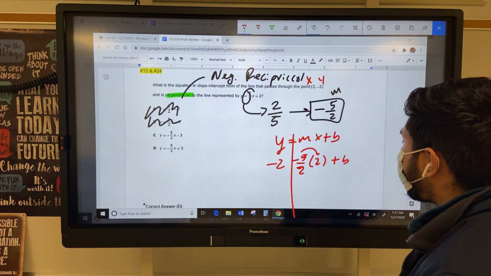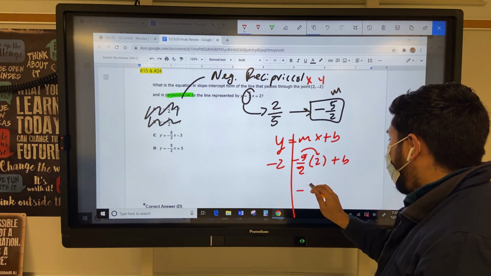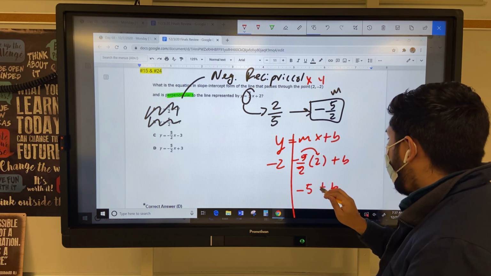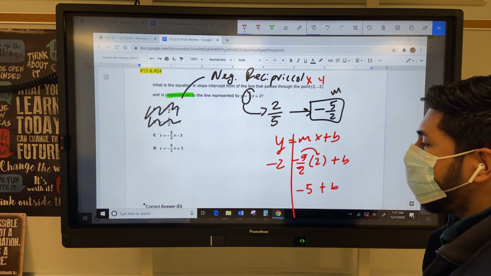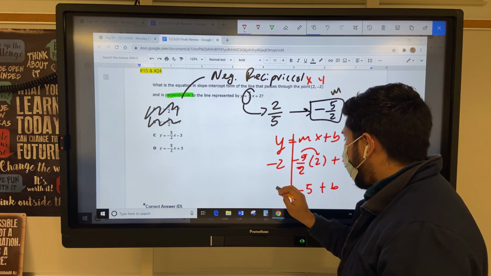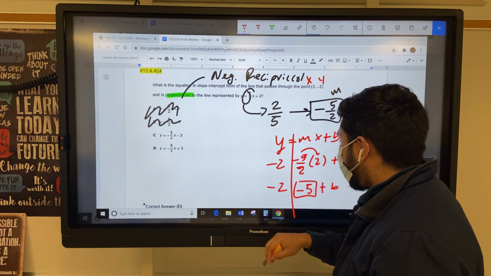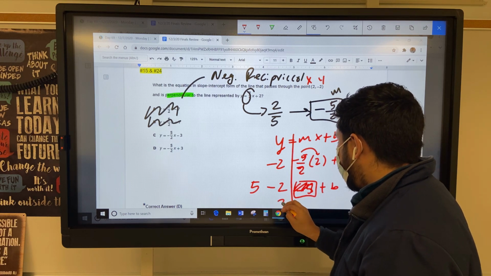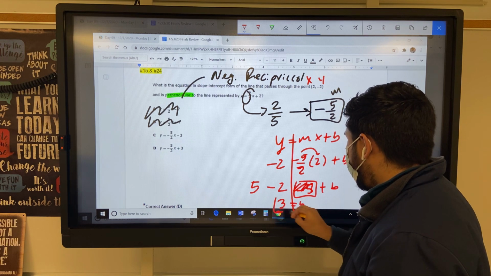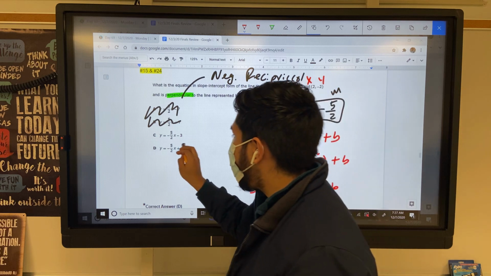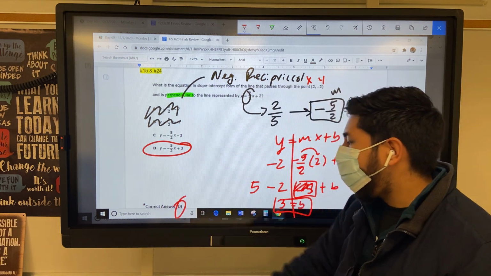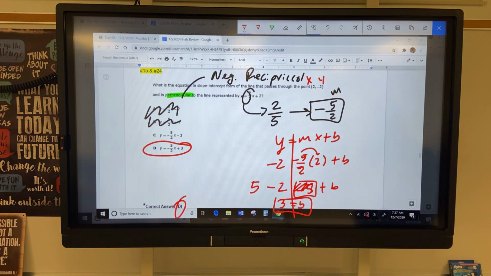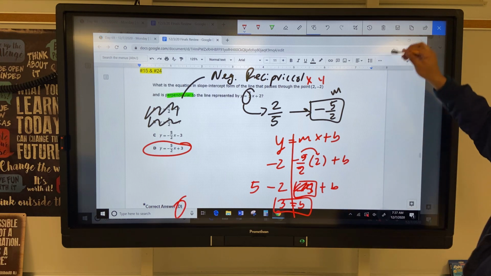Negative 5/2 times 2 is negative 5 plus b. Calculator, calculator, calculator. Don't do this in your head. Bring down that -2. Moving this -5 turns into a positive 5. 5 minus 2 is 3 equals b. Which one has positive 3? Kaboom. And I'm right. Nice. Good stuff, good stuff, good stuff.